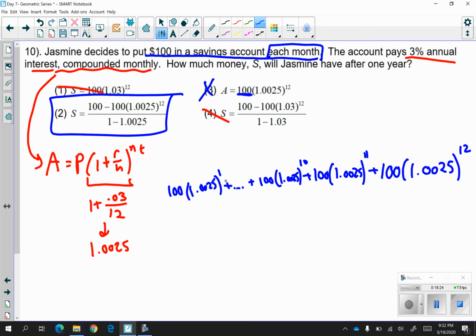So only 1 month worth of interest. And when you add all of these months worth of interest together, it looks like the series formula that we had in one of the first few examples in this video. And that's why it's choice 2 with the series formula.